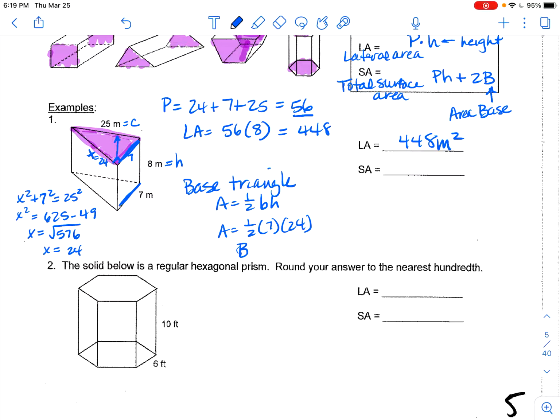So this base area is 84. Now we have the surface area. There's a lot of calculations. Surface area is lateral plus 2 of the bases. 2 times 84 is 168, plus 448. The total surface area is 616 meters squared.